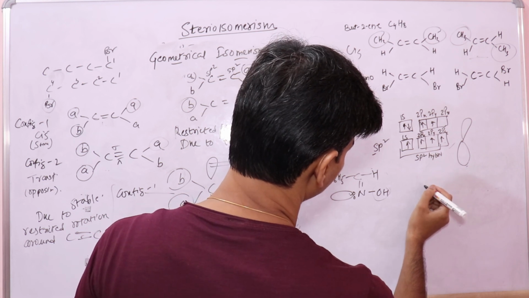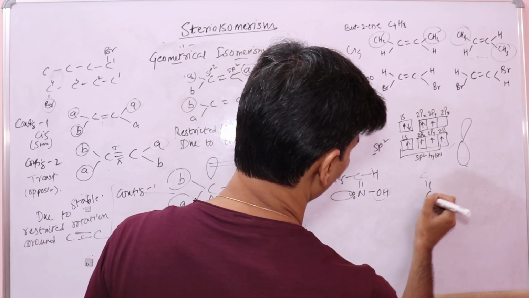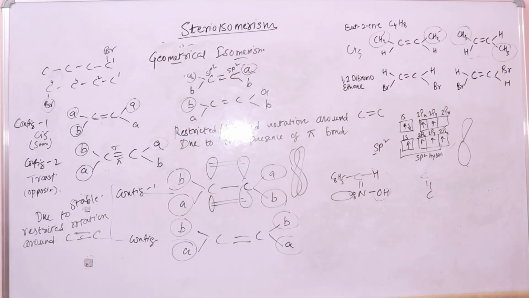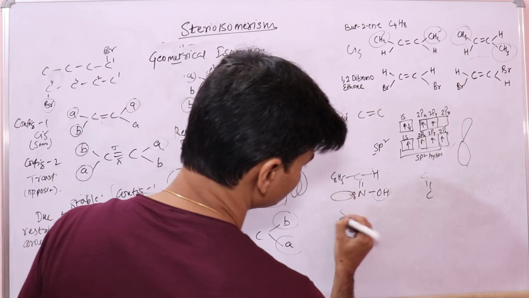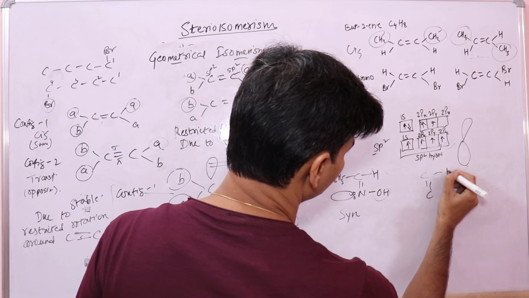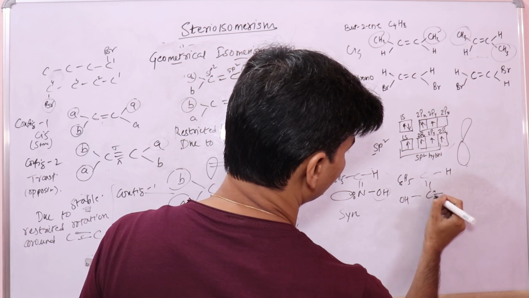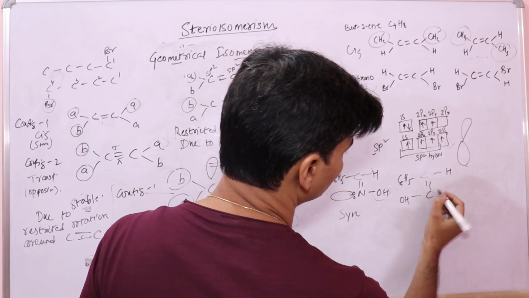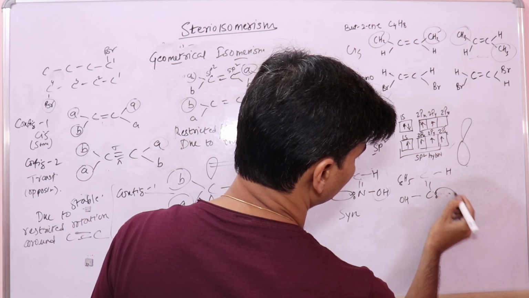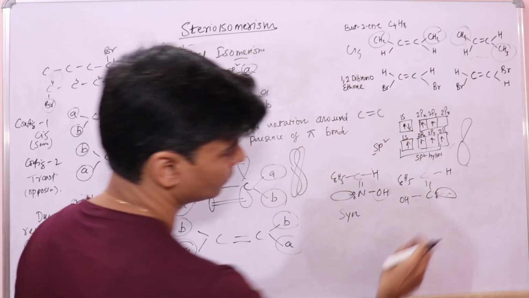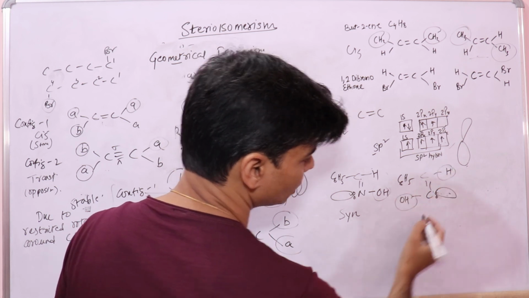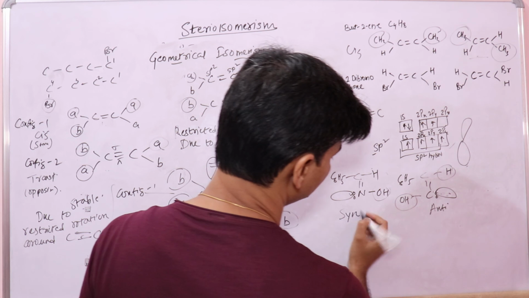In another form you have hydrogen and OH on the opposite side. In this case, cis is known as syn, and with hydrogen and OH on the opposite side, this is your anti.